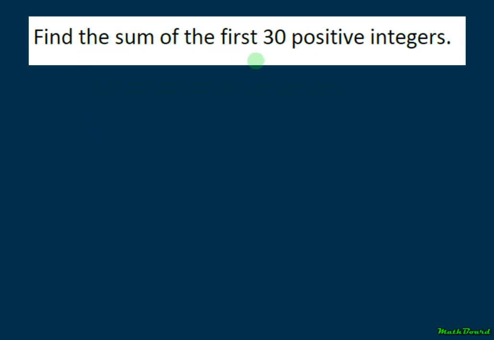Find the sum of the first 30 positive integers. So if we illustrate this, this can be written as 1 plus 2 plus 3 up to 30. Okay?